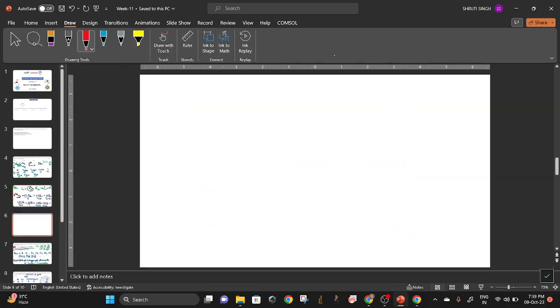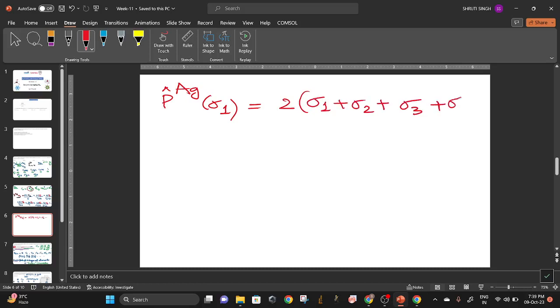So when this projection operator Ag is applied on sigma 1, we get 2 times sigma 1, sigma 2, sigma 3, sigma 4. These coefficients are not normalization constants and they do not matter. Only what matters is the linear combination of these atomic orbitals.